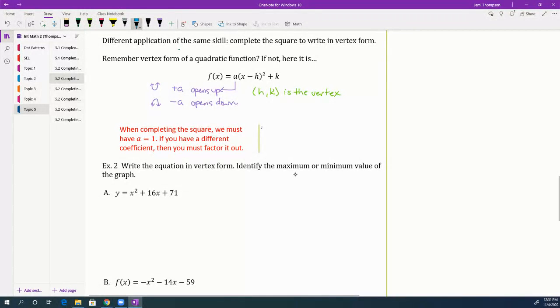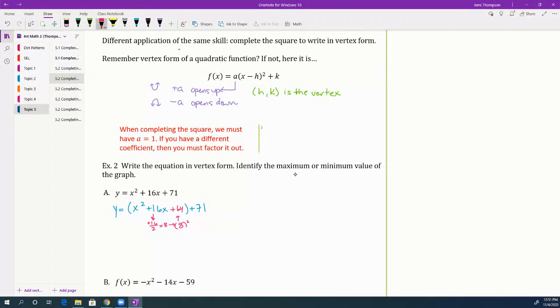Okay, so this is going to be similar, except I don't have to solve for 0 because I don't have a 0. I'm just going to leave y over here. I'm going to group my square term and my linear term and leave my 71 out. I complete the square. So positive 16 divided by 2 gives me 8. And then I square 8 to get 64.